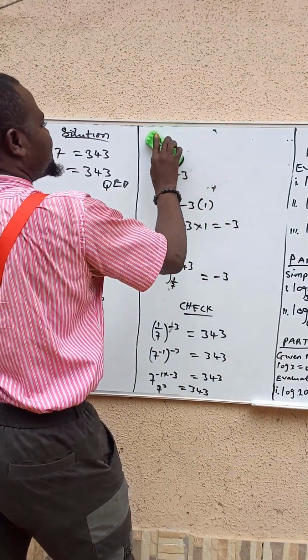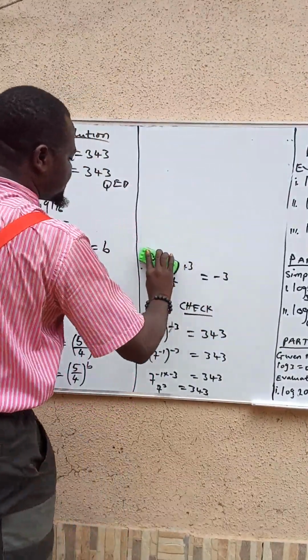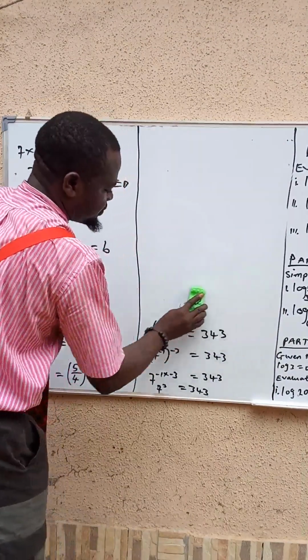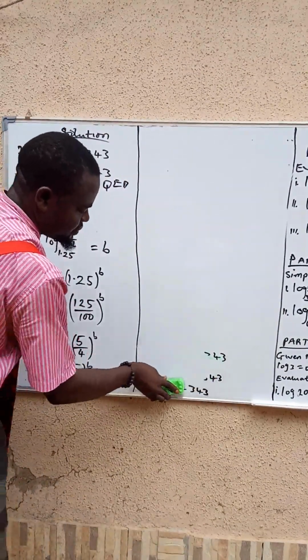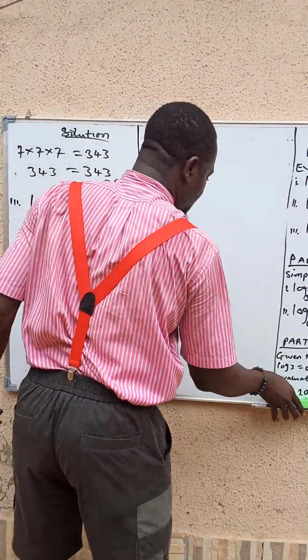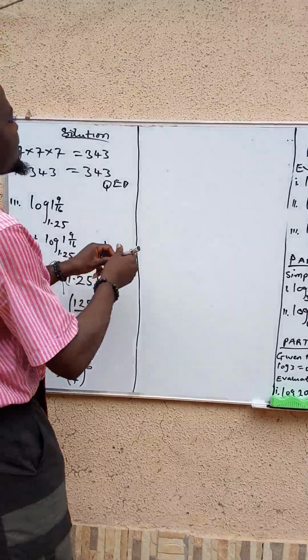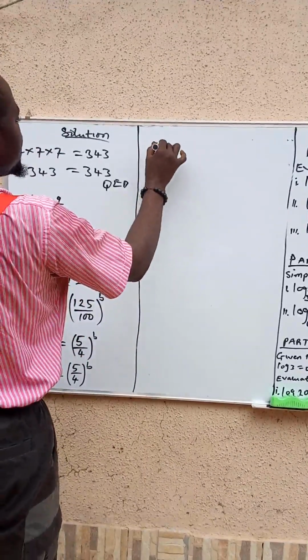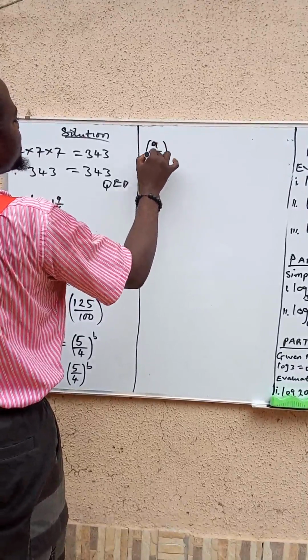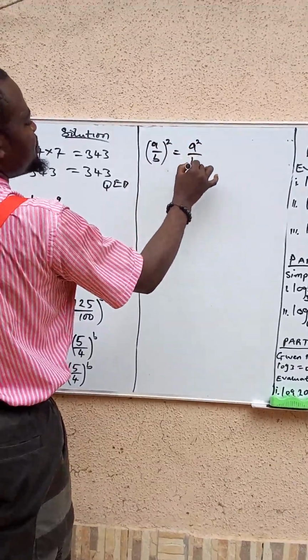You get it? Good. Now look at it very well. We said that when we have something like this, a over b raised to the power of 2 is the same thing as a squared over b squared.